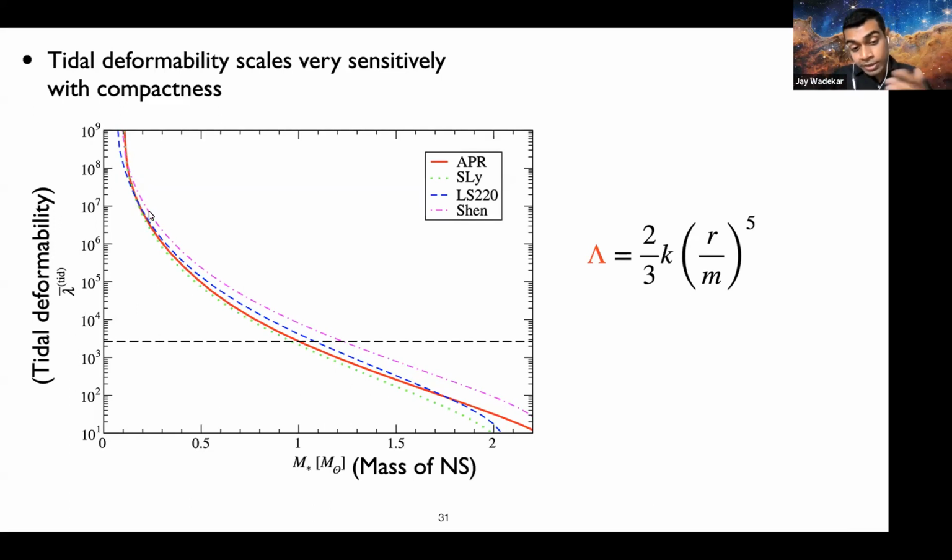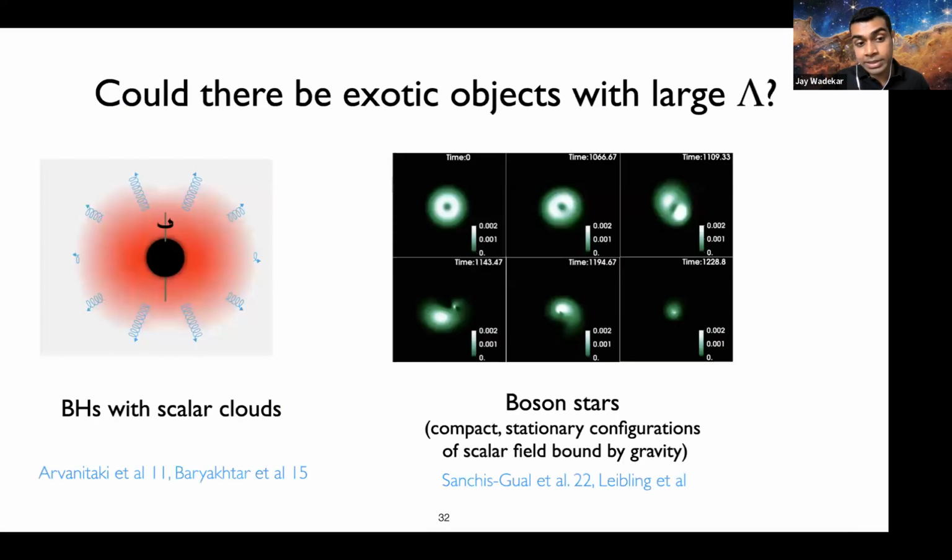So one parameter region to probe this high tidal deformability is low mass neutron stars. And another parameter region we were thinking of probing for high tidal deformability objects is some of the exotic objects that people have proposed. For example, you can have black holes with scalar clouds.